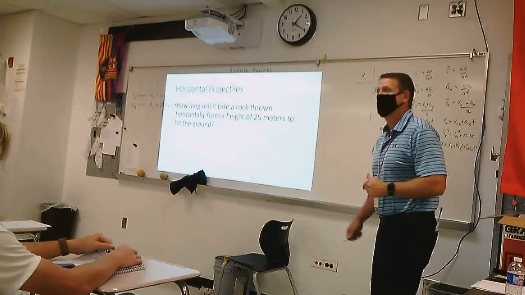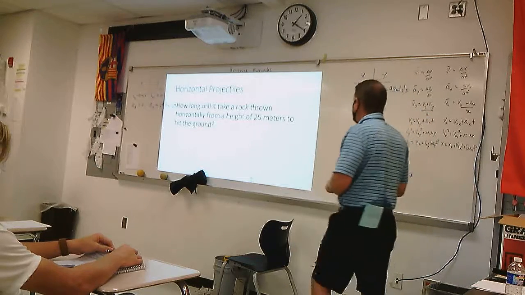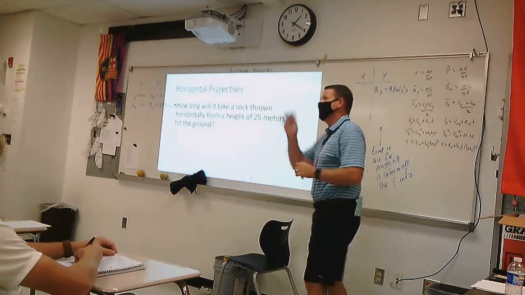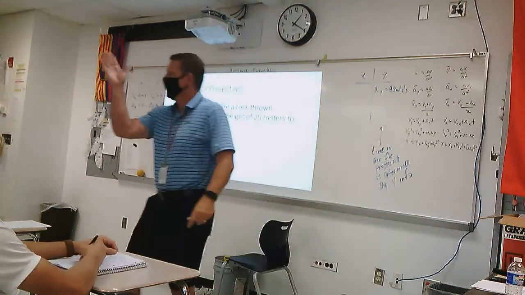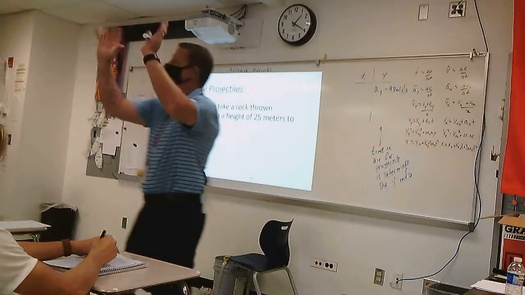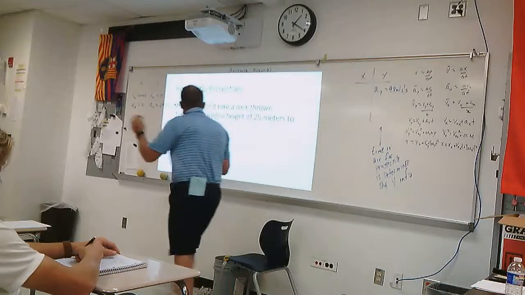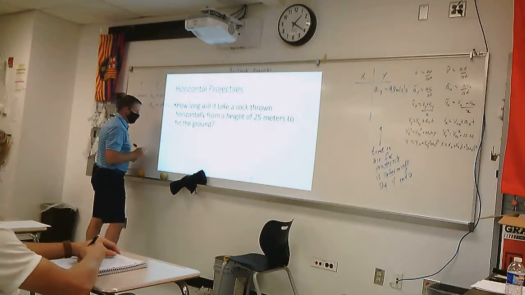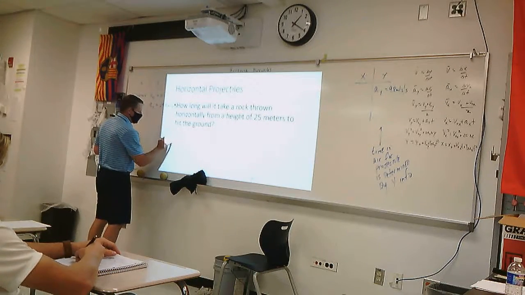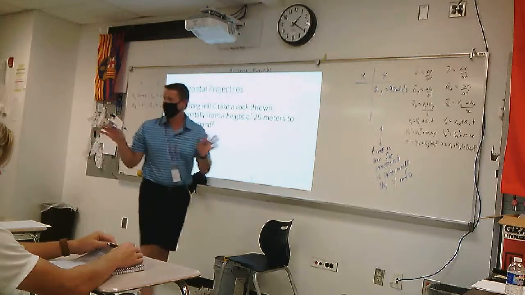Go ahead. Y is 25 meters. Okay, now when you say Y is 25 meters, what do you mean by that? Okay, so delta Y is 25 meters. I like that as well, right?